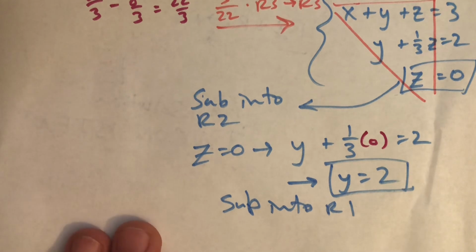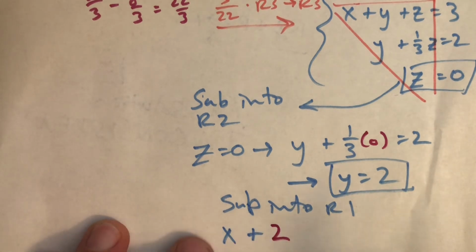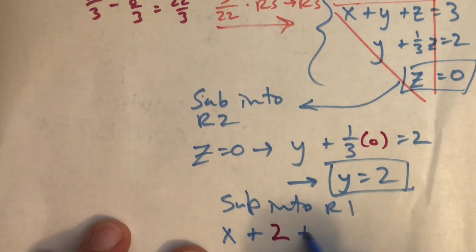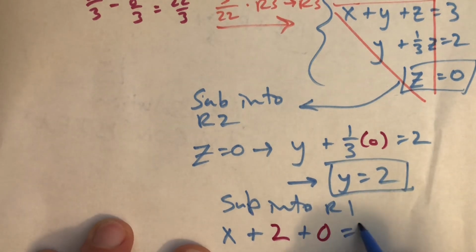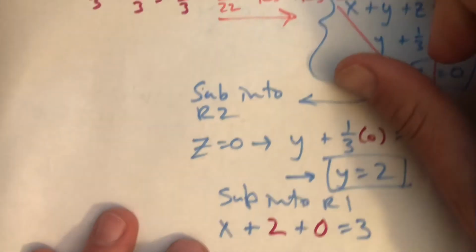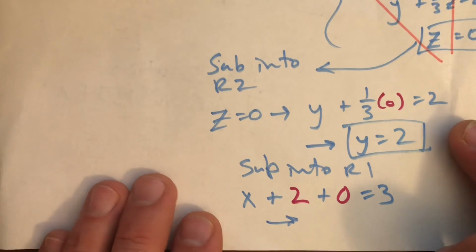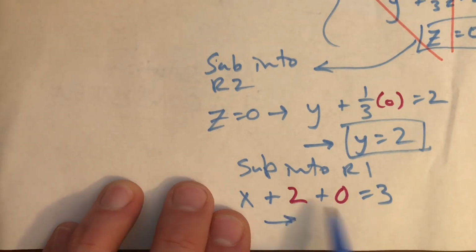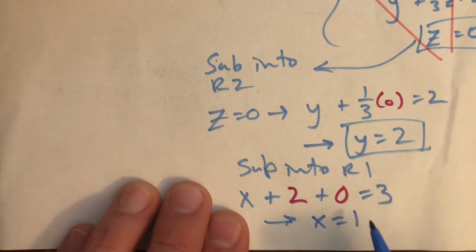Row 1 was just x plus y plus z equals 3. That really quickly gets solved, right? So x plus 2 plus 0 equals 3. Subtract the 2 from both sides and we can say x is equal to 1.